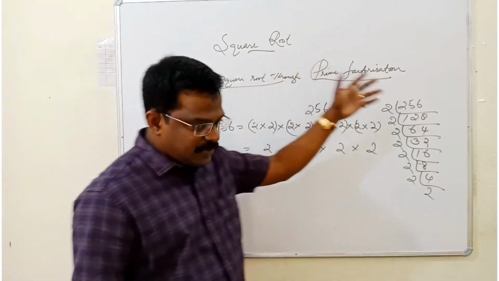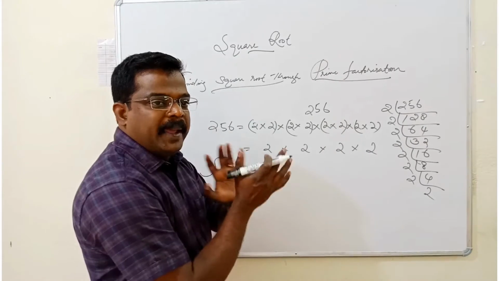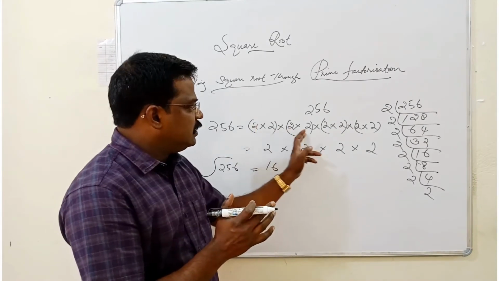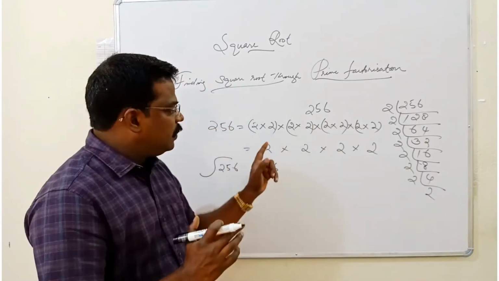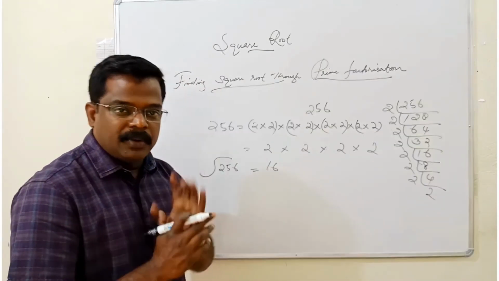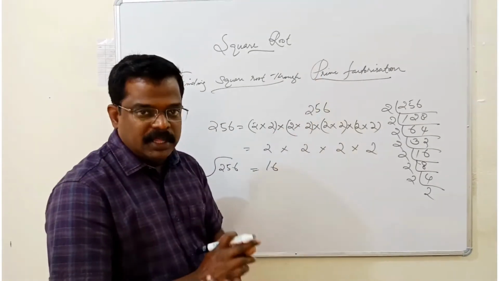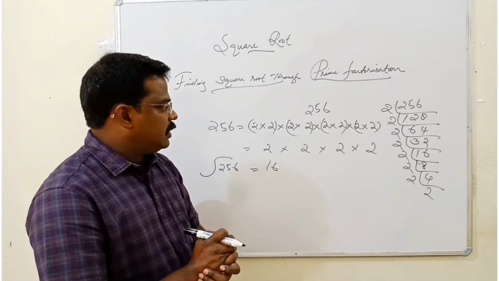How did we get it? First we factorized, then we wrote the factors, then we paired them, and from each group we selected 1 and multiplied, and we got the square root of that number. That is the prime factorization method.